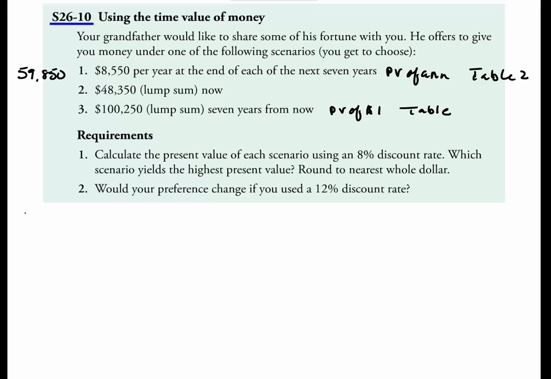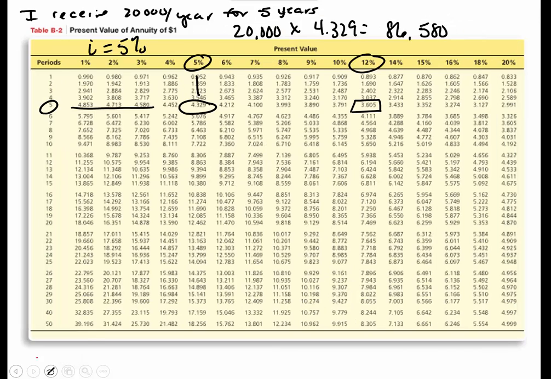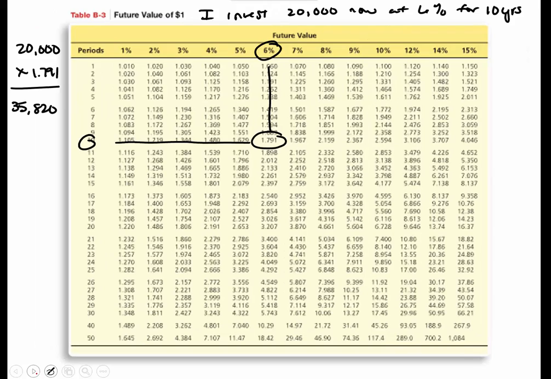So I'm going to take the cash flow. So let's see, I'll have option 1. I'm going to take the cash flow times the discount factor to get the present value. So the cash flow here is 8550, and I'm going to go to Table 2, and I'm going to look at 7 years and 8%. So if I go to Table 2, 8% and 7 years is this guy right here, 5.206.